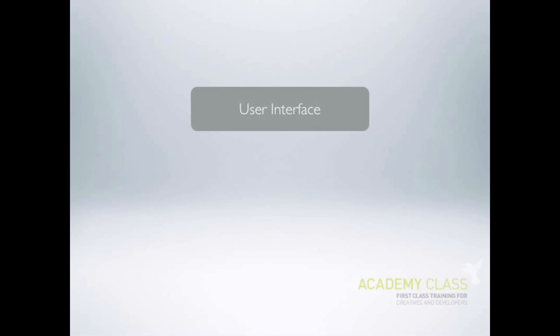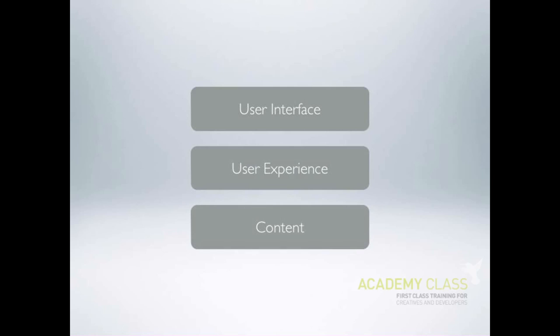Now, as we go through this and we think about things like user interface, user experience, and content, and we put that together, let's just think for a moment about user experience. Because one of the things that is very different from designing for print is that you have to communicate many different ideas about how the content should function and work. In print, that concept was also there.